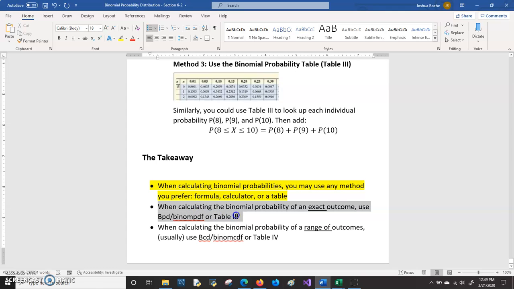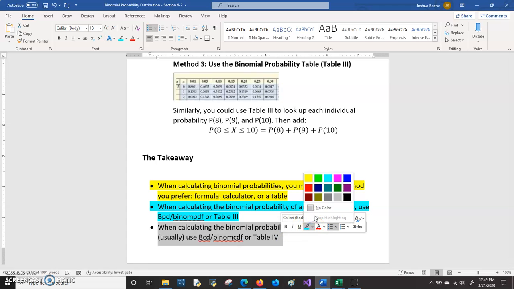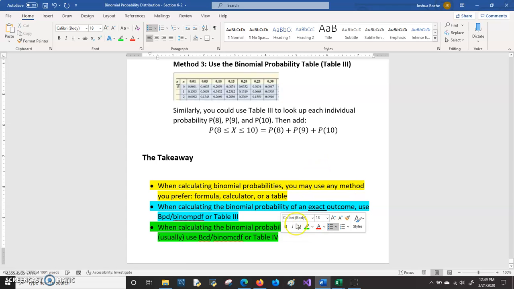Also remember that if you want the probability of an exact outcome, then you'll want to use BPD or Binomial PDF on the calculator, or use table 3 or the formulas. And when you're calculating the binomial of a range of outcomes, you'll want to use BCD or Binomial CDF or table 4, or you can use the formulas.